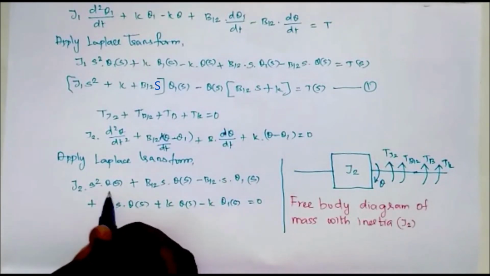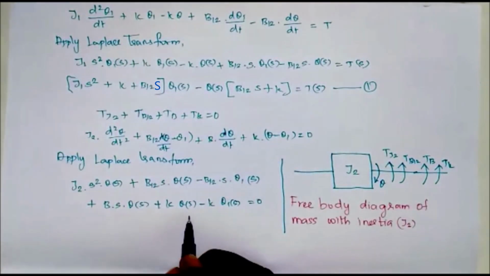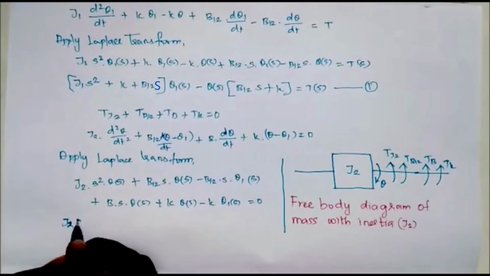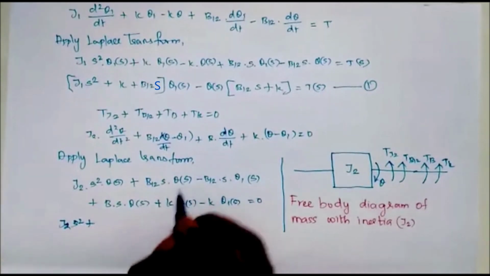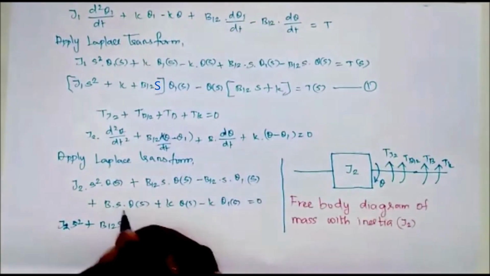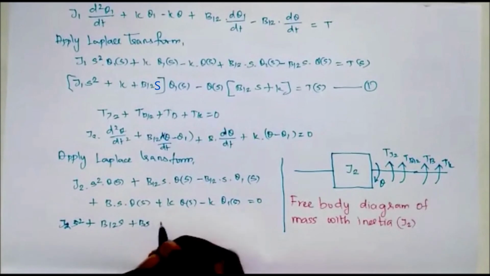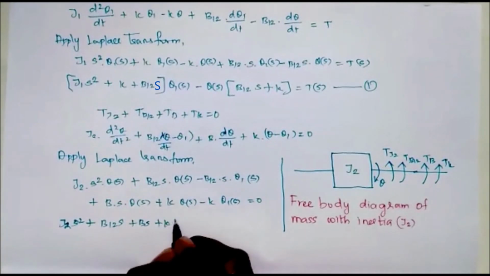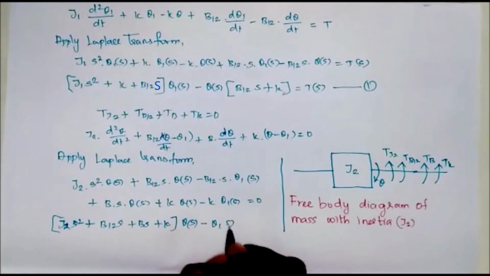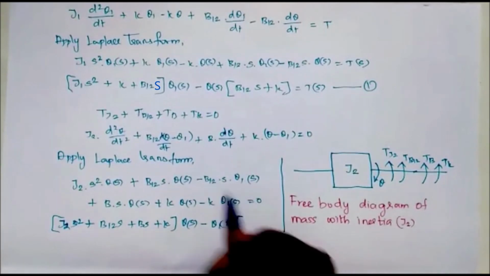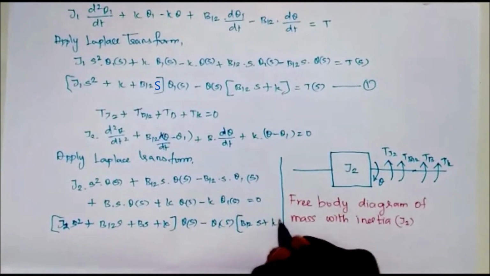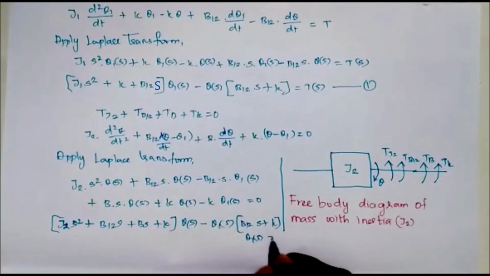So here also we can separate the theta of s term and theta 1 of s term separately. Therefore J2 s square plus, theta terms are b12 s, and next here also b s, here also k, into theta of s, minus theta 1 of s into, there are two terms, this one b12 s plus k, these are having the theta 1 of s term, equal to 0.